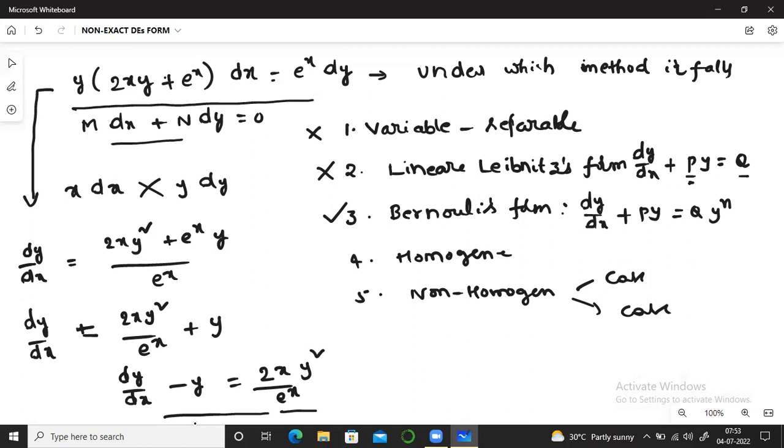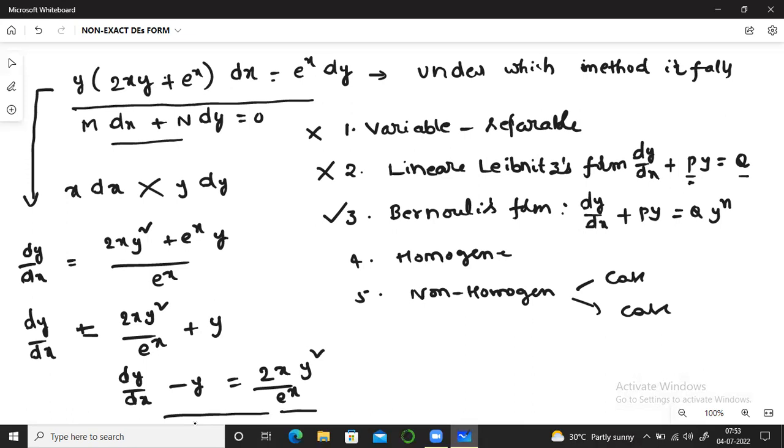If there is no condition at all, fine. But if the question says solve by using Bernoulli's form, solve by using Leibniz form, or solve by using non-exact form, with a condition, you have to solve in that particular method only. If the question has not given any particular method, you can use whatever method you like.